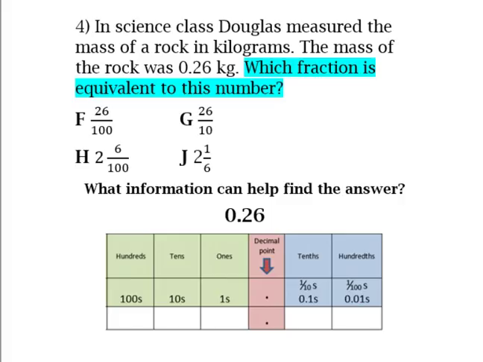What information can help us find the answer? We need to know the 0.26 and also have our place value chart to see where and how we can convert this decimal to a fraction.